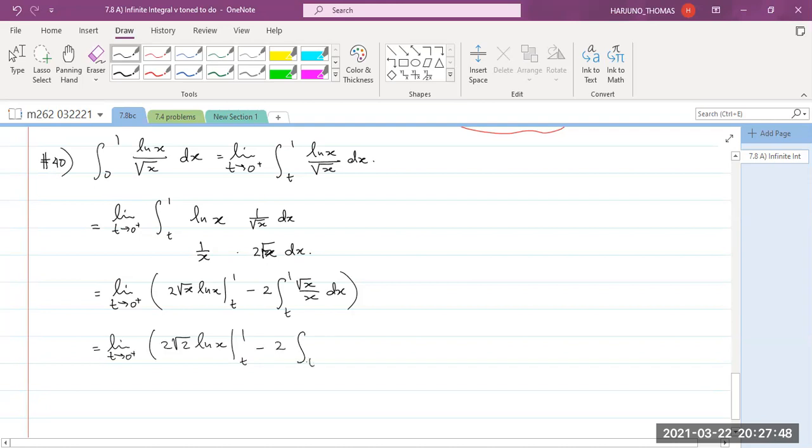This is the integral from t to 1 of 1 over square root of x dx again, but we know what that is. This is an x, not a 2. This will be 4 square root of x from t to 1.